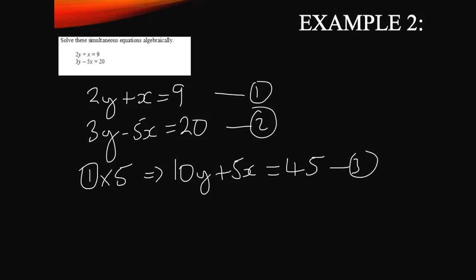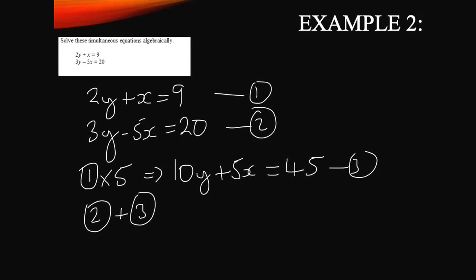Okay, so if this is my new equation 3, what I can do is take equation 2 and add equation 3 to it. The reason I'm adding is because I've got a minus 5x and a plus 5x. If I add 5x to minus 5x, I end up with no x's, and I've eliminated one of the variables.